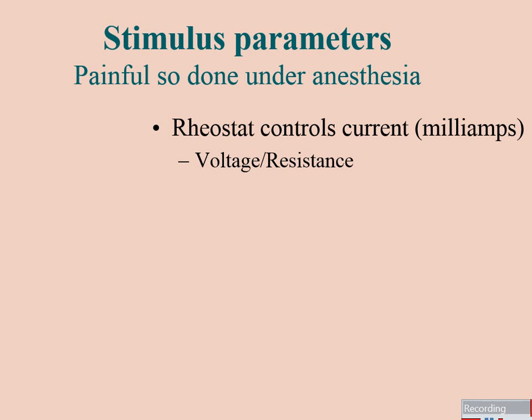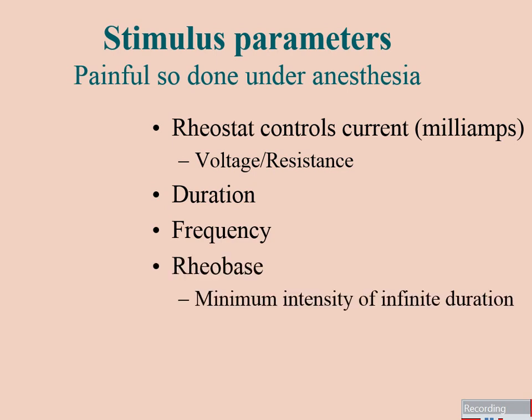But the modern machines actually measure the current, which is what we're interested in. So they're actually measuring how many milliamps of current is flowing when we do the stimulation. We're interested in the duration of the stimulus, how long do we stimulate, as well as how many milliamps we're putting in there, and how frequently we stimulate. And we'll talk more about that here in a minute.